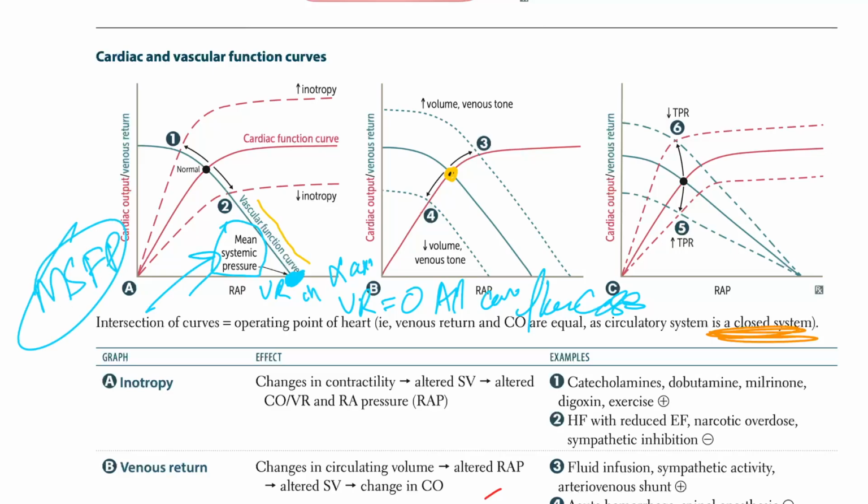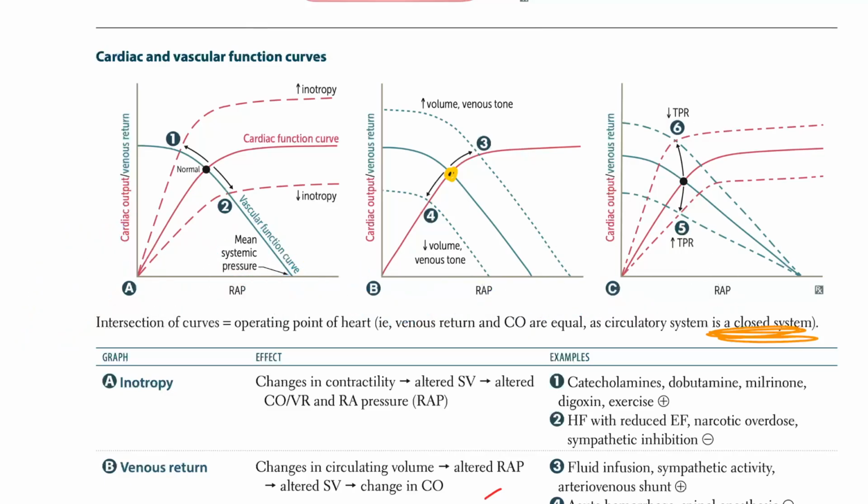So if somebody asks about mean systemic pressure, you should know that it is the pressure when the venous return equals 0. So look, what is cardiac output? It is 0 at this point, right? What is RAP, right atrial pressure? It is 0 at this point.